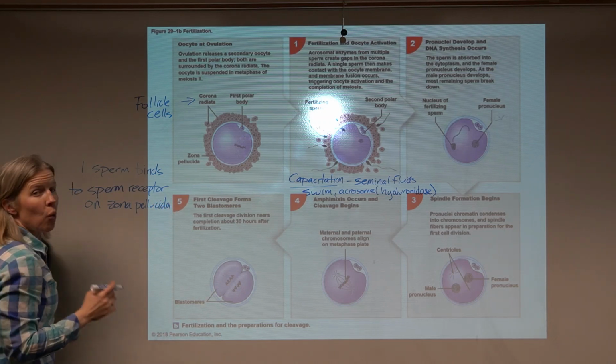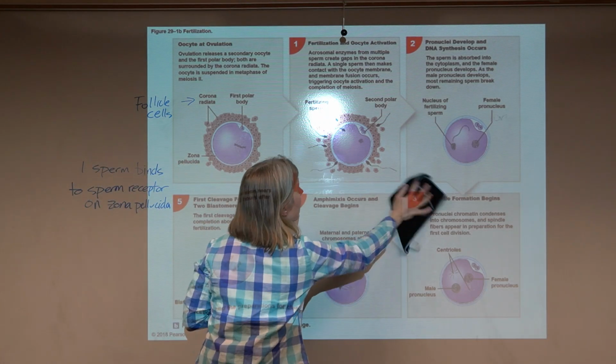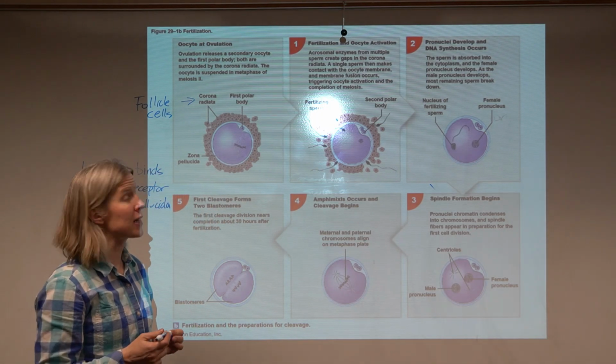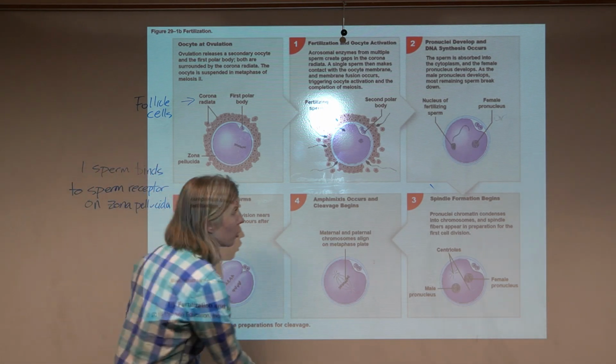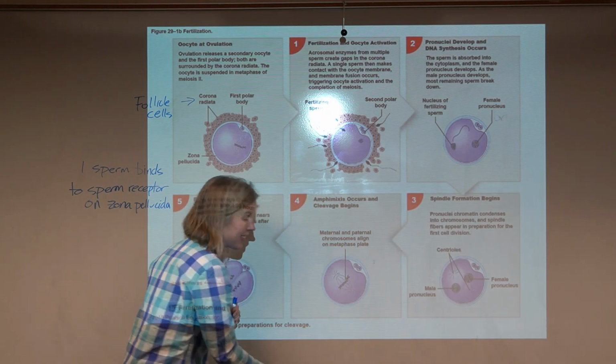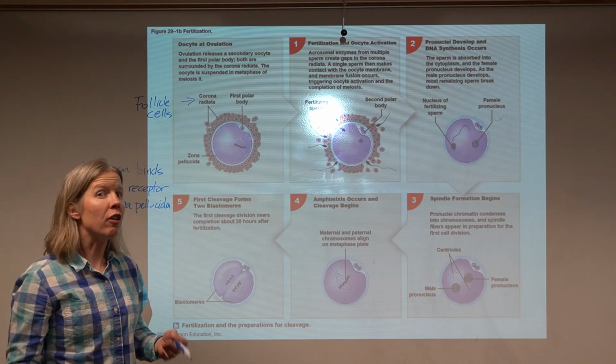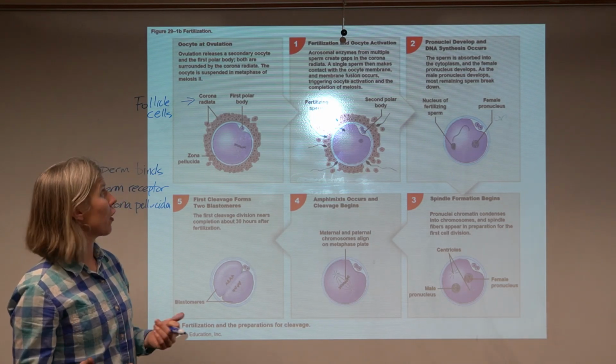So while it is a single sperm that completes fertilization, we actually need dozens to make this happen. In fact, a male who has a sperm count of less than 20 million sperm per ejaculate is considered functionally sterile.